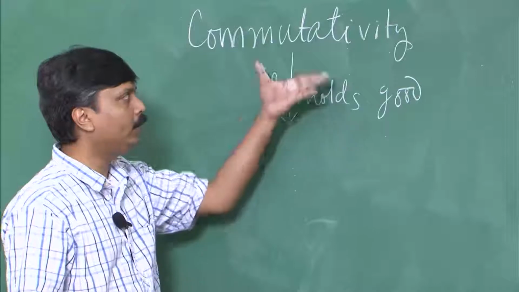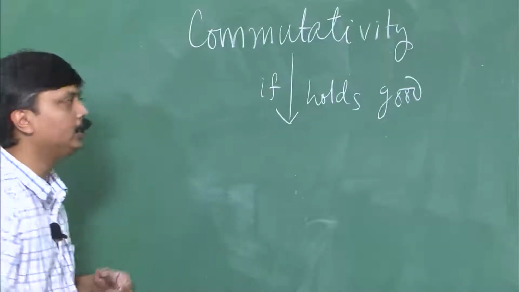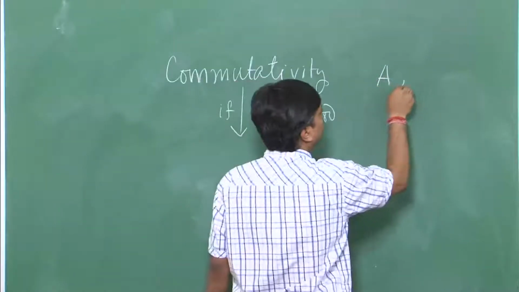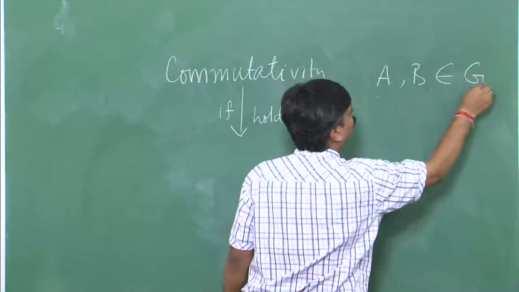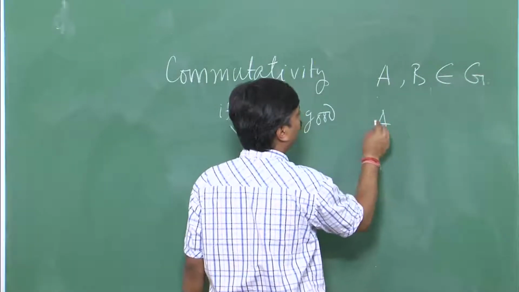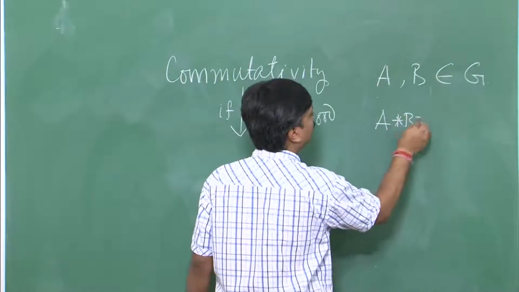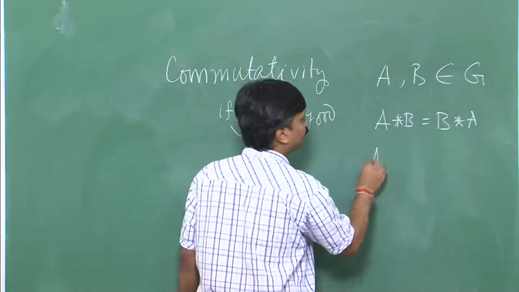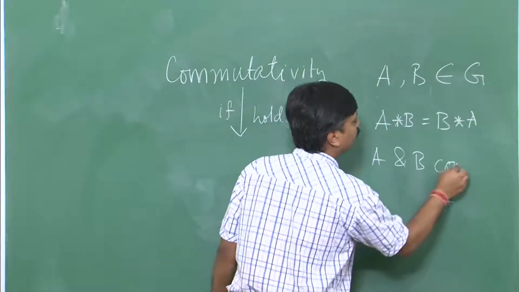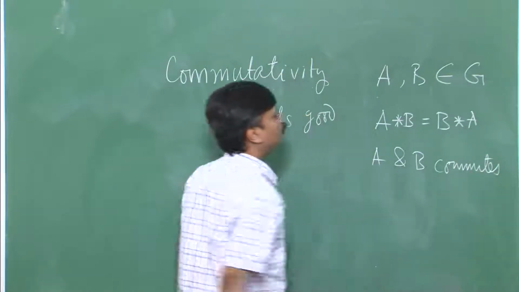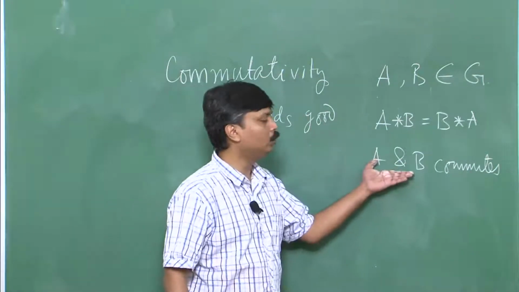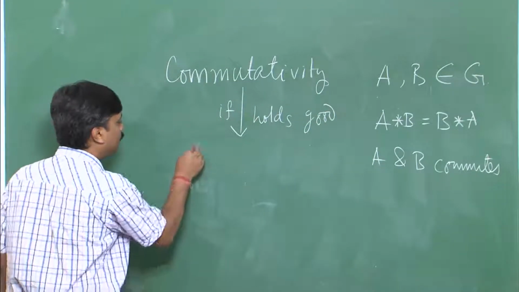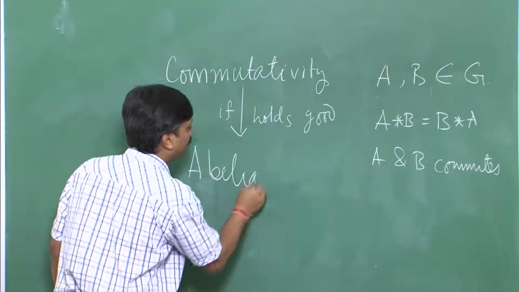Additionally they follow this condition of commutativity, which means for any 2 elements A and B belonging to a group, if A star B equals B star A, that means A and B commute, right. So, once this holds good for any elements A and B belonging to G, then that particular group is called an abelian group.